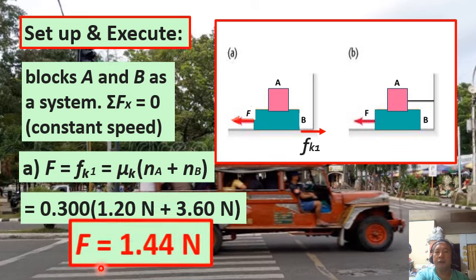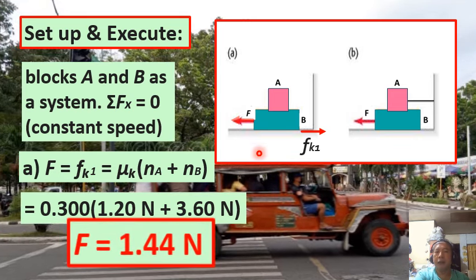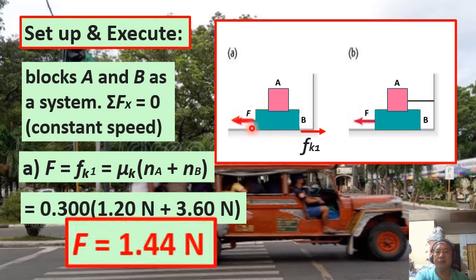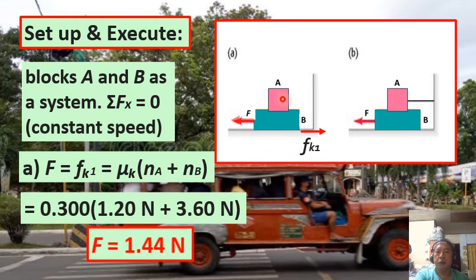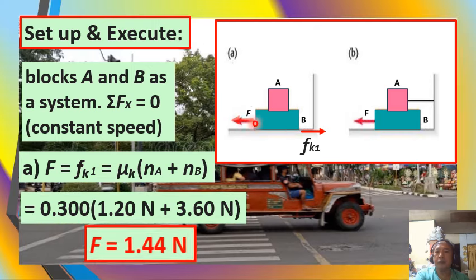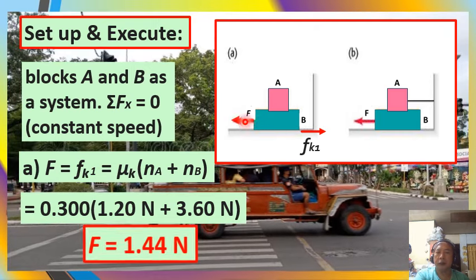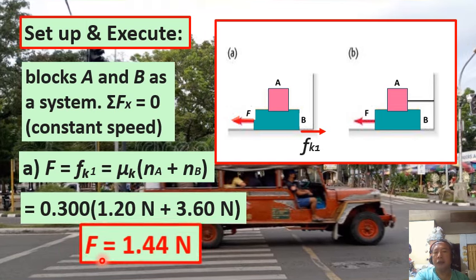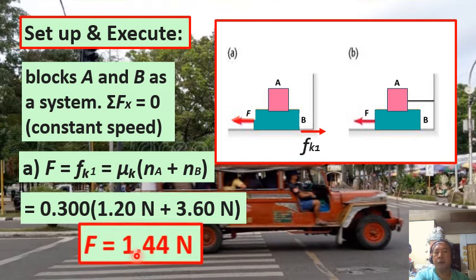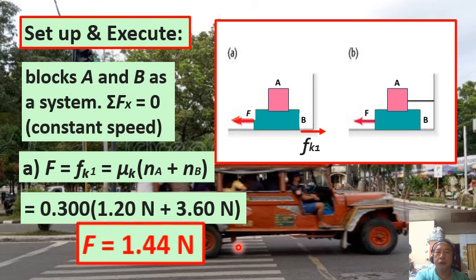So if this amount of force F is applied on the system, with the two blocks moving together at constant speed, the force that is necessary is equal to 1.44 newtons.